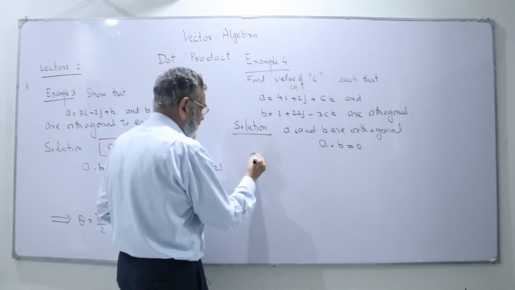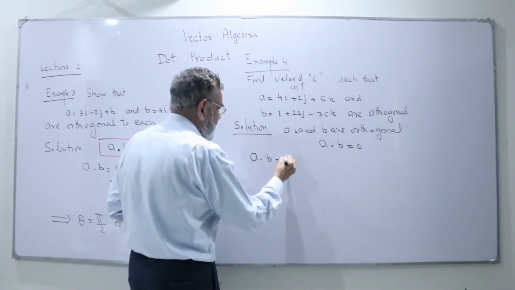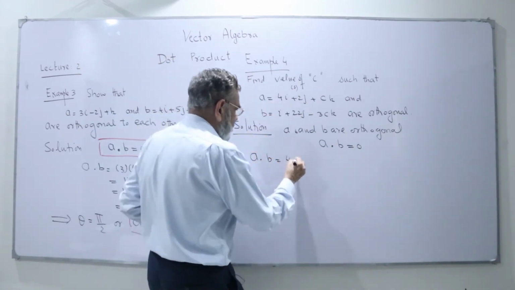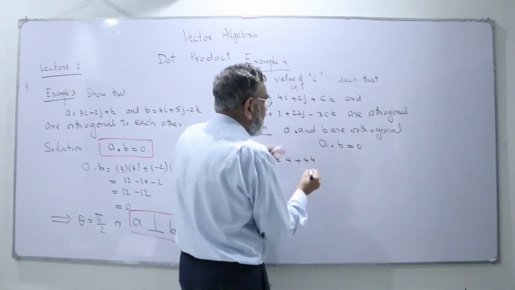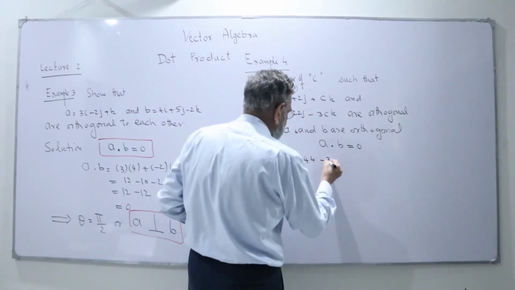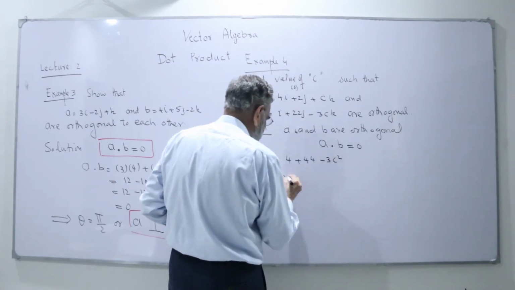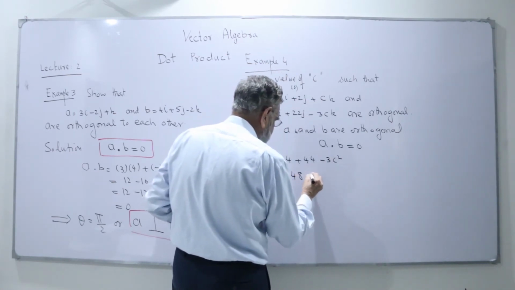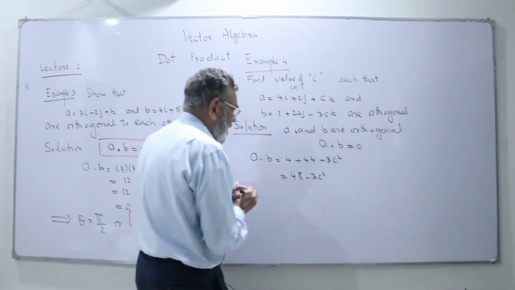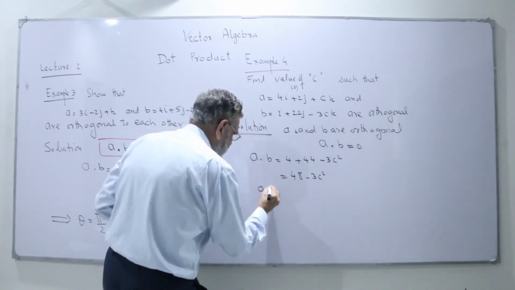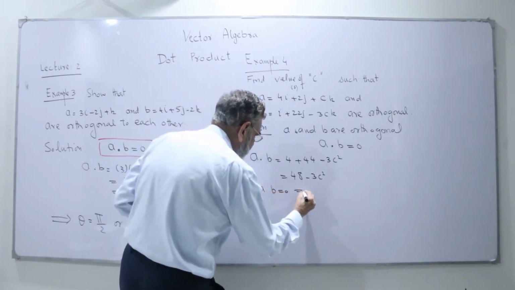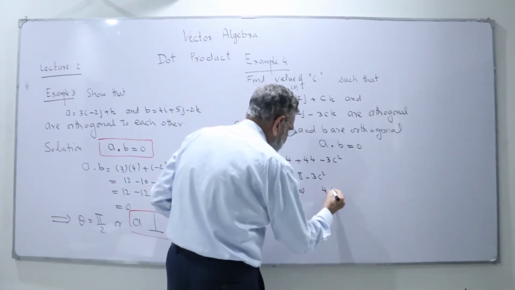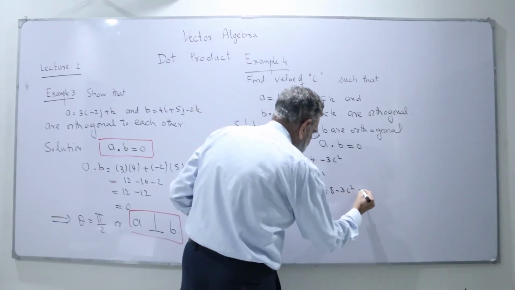We find here A dot B. Our A dot B is A1 B1, which is equal to 4, A2 B2 is equal to 44, A3 B3 is equal to minus 3C square. So that gives me 48 minus 3C square. If they are orthogonal, this implies A dot B is equal to 0, and this implies 48 minus 3C square is equal to 0.